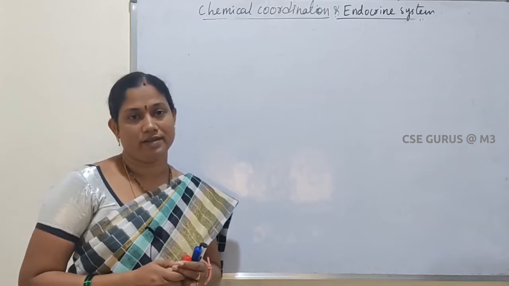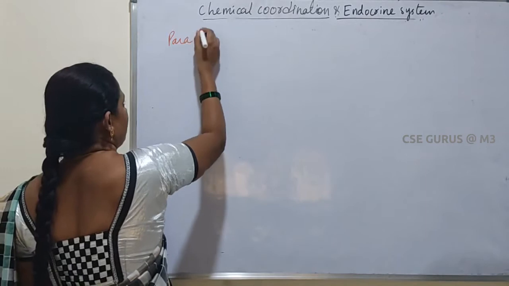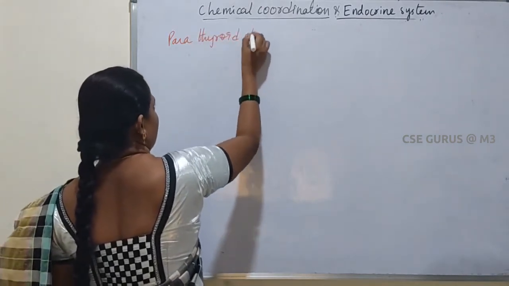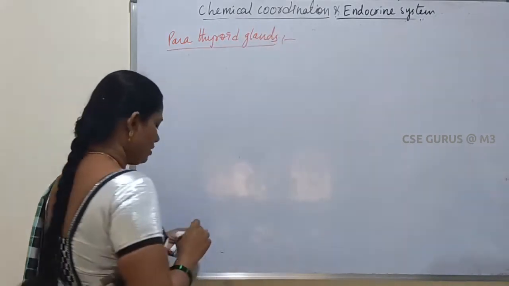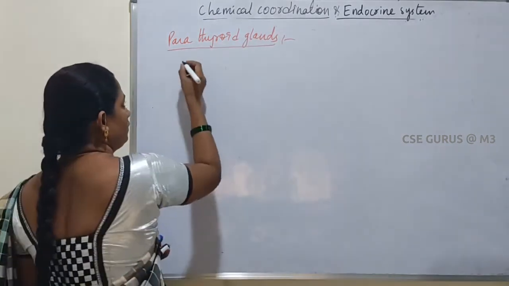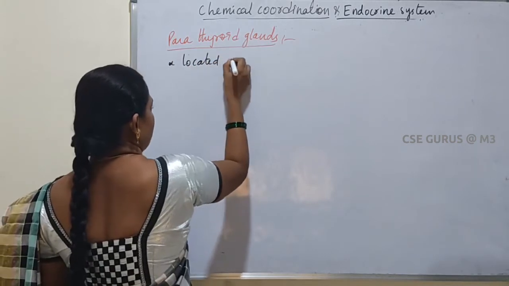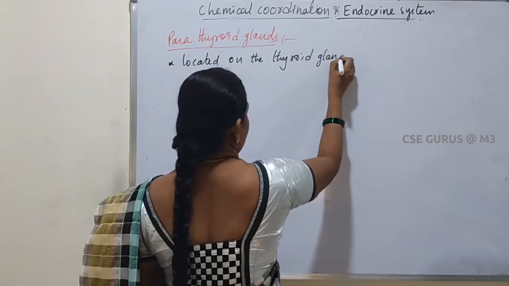Next endocrine gland is parathyroid gland. Parathyroid glands are located on the thyroid gland.